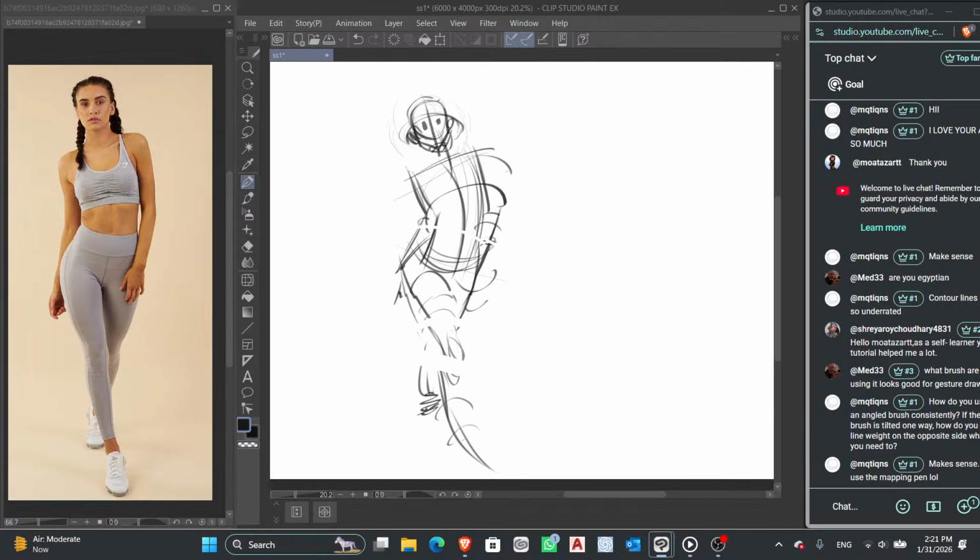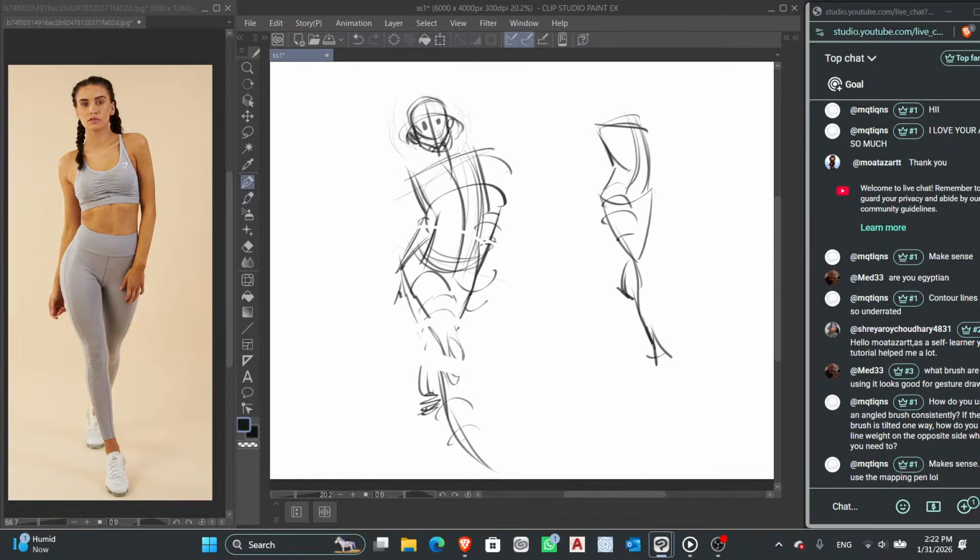Okay, constantly, while drawing, I just go and fix that as if I'm seeing it from my own perspective. Sometimes I like to make the torso kinda short and the legs kinda long. I like it this way.